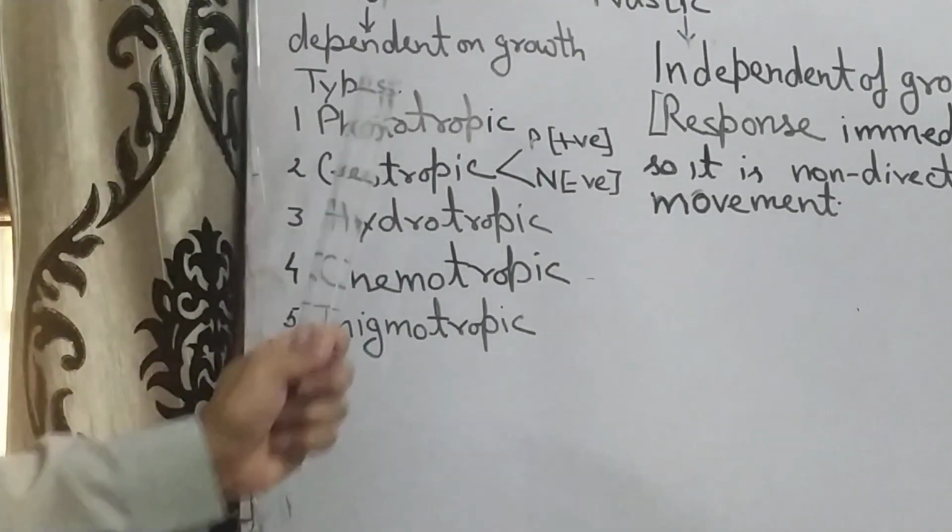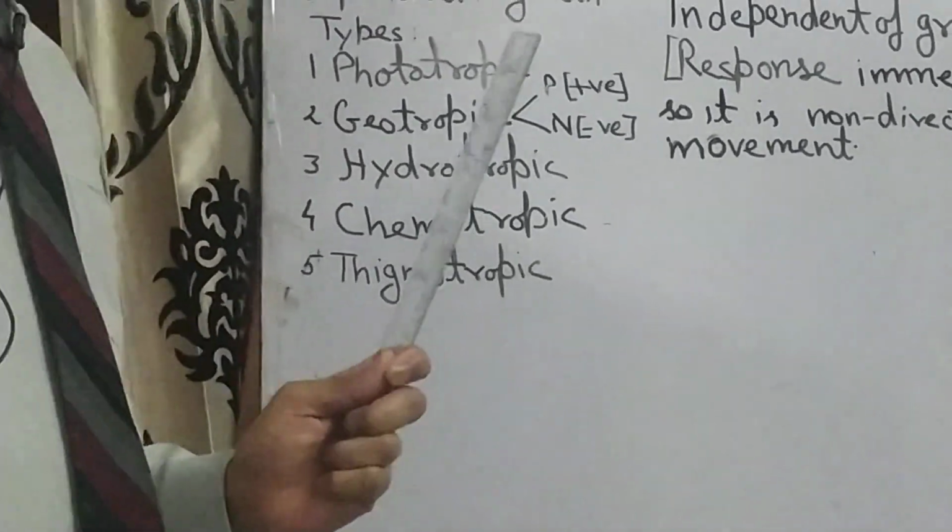Now another movement of the plant is chemotropic movement.